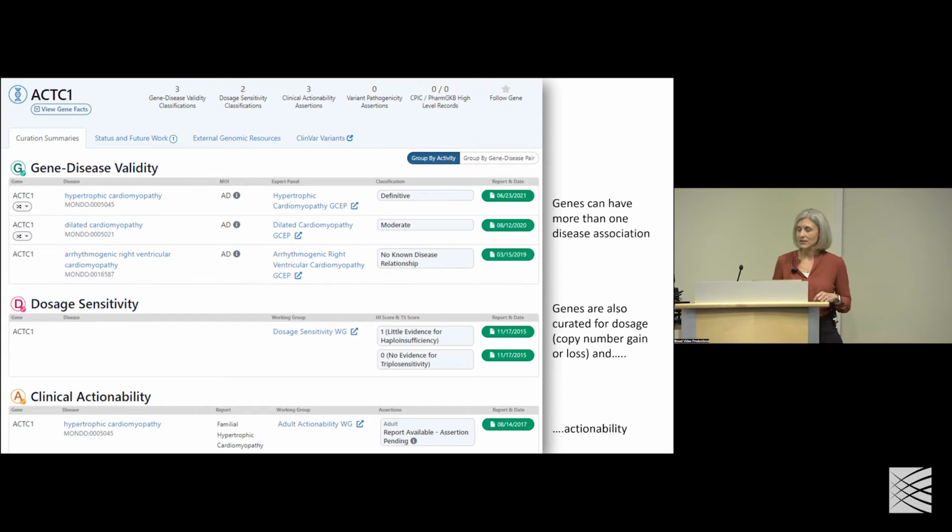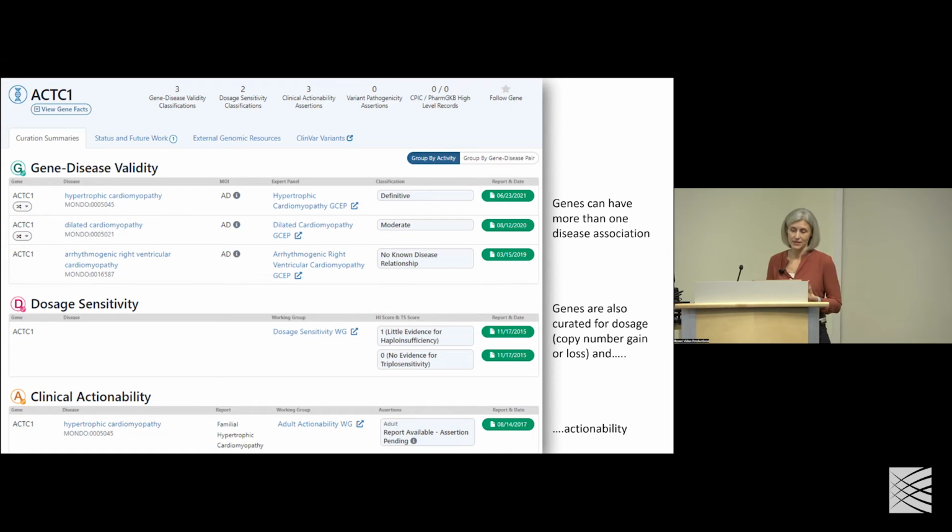You will note that genes can actually have been curated for more than one disease association, and that the strength of the evidence for each of those associations can differ. So for this particular gene, it's definitive for hypertrophic cardiomyopathy, only moderate for dilated cardiomyopathy, and then it has no known relationship for ARVC.